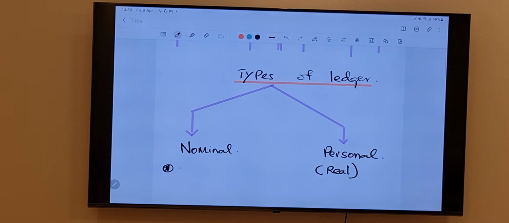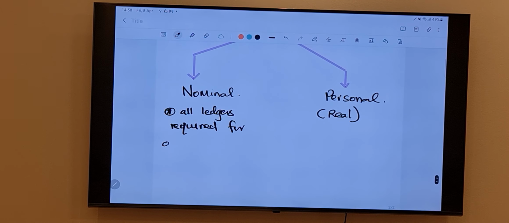All ledgers required for our double entry, we will record in the nominal ledger. We also call it the general ledger.